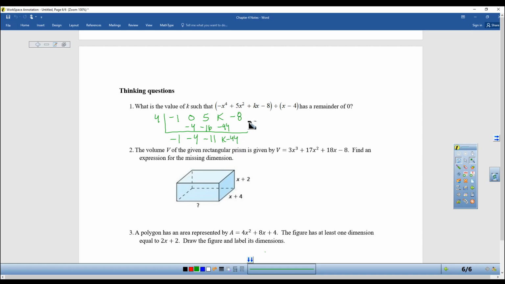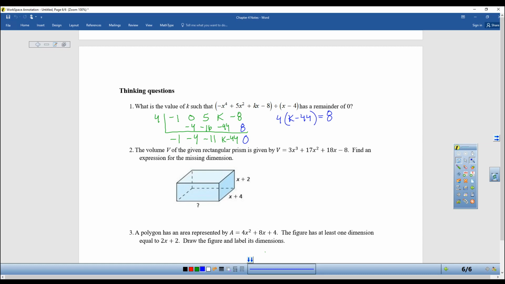But on this end, I know I want the answer to be 0, which means working backwards, I know I want this to be 8, because negative 8 plus 8 would be 0. So now you can ask yourself the question, 4 times k minus 44 is going to be equal to 8.